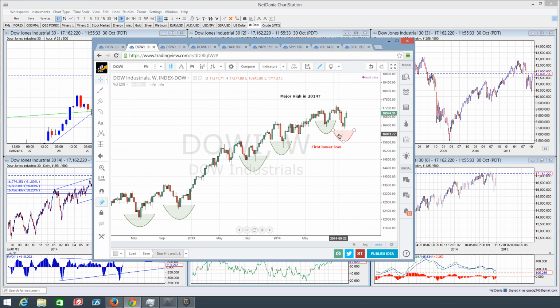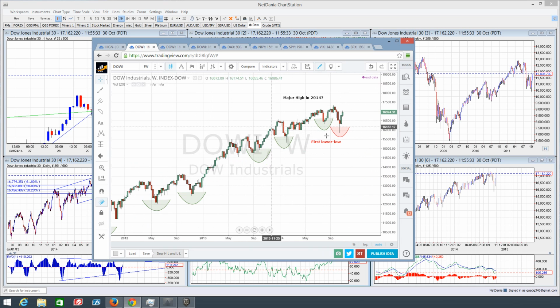So this has increased the probability that we may have a major high right about here with this last higher high. As long as that level holds, and that high is currently at 17,350, this dynamic is in place. So that's our swing low analysis, and that's another indication.